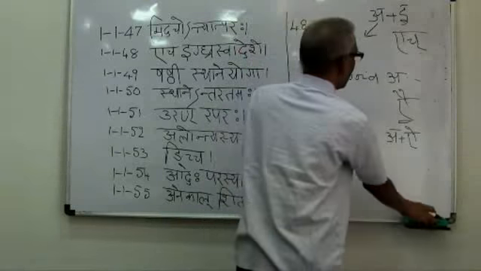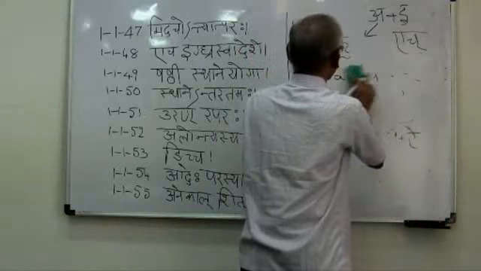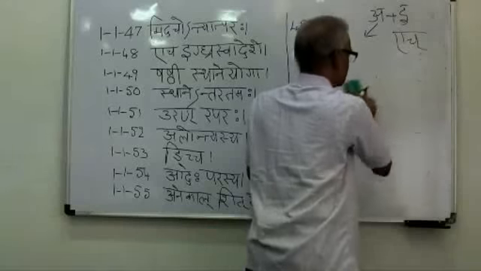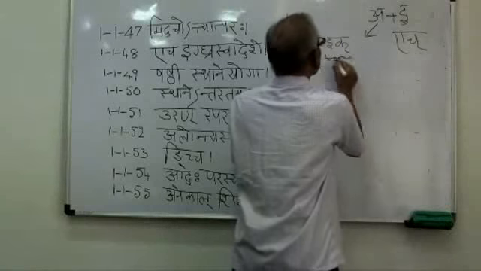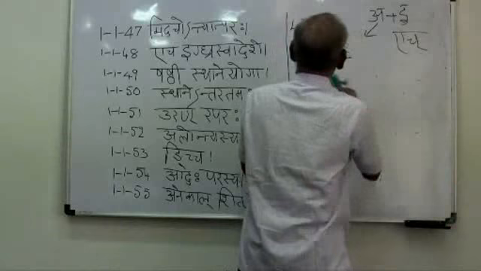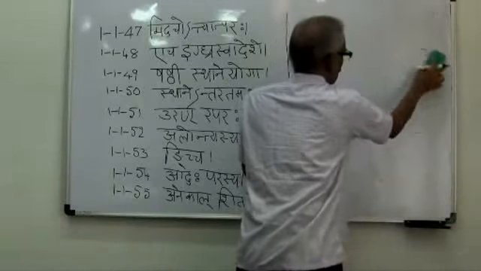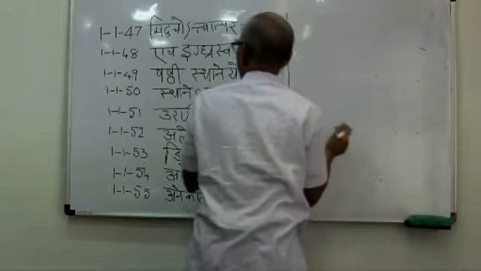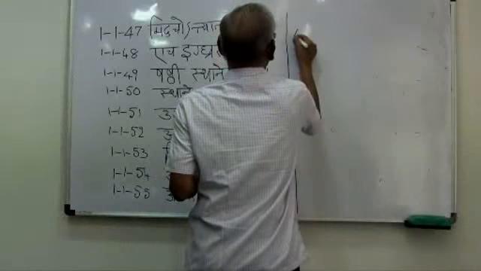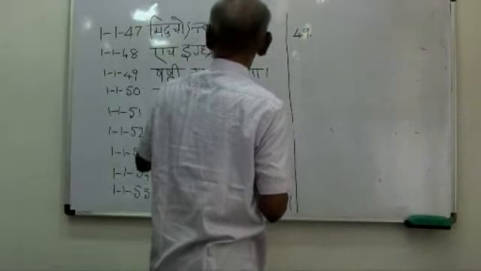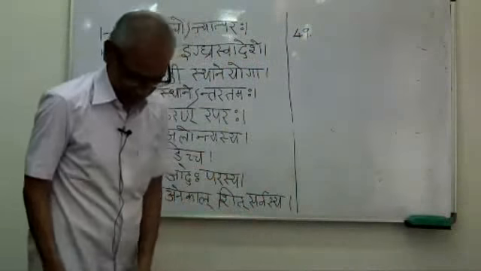So to avoid akara being taken as the hrasva, to avoid that contingency, he has told ik. So with these few examples, we will go to the next sutra. 49. Shashthi sthane yoga.